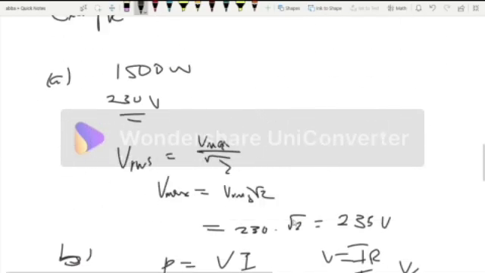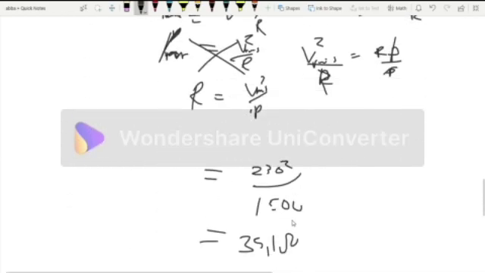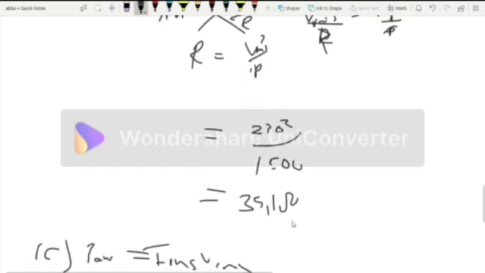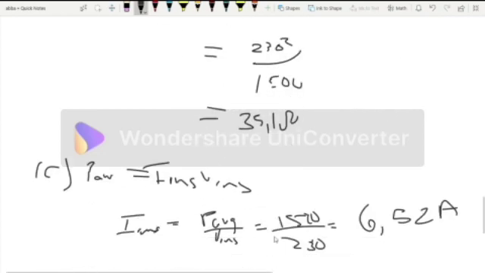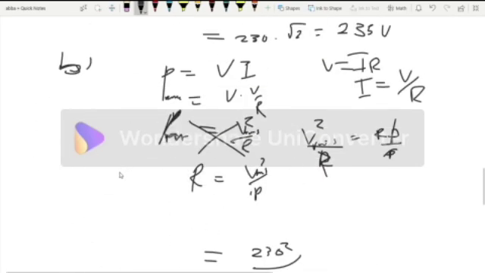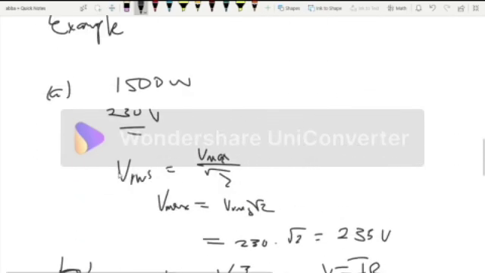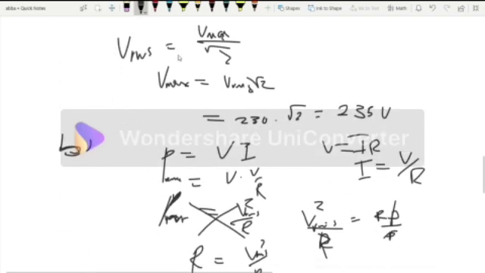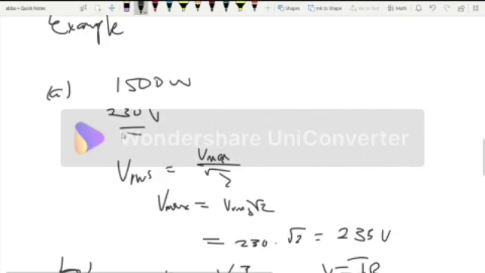Now that is basically the simplest way of dealing with questions related to that. There's no other type of questions that will come except these ones. So you're just going to use the same electricity formulas, just that you're going to put in your max and your RMS. You have to know how to work around this. Now how did we know that this is the RMS?